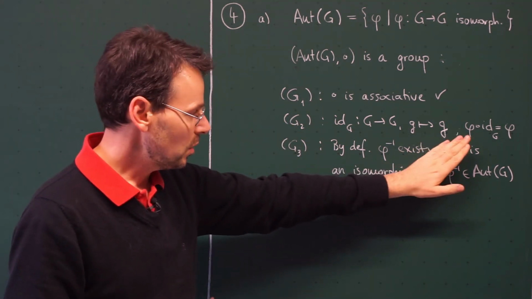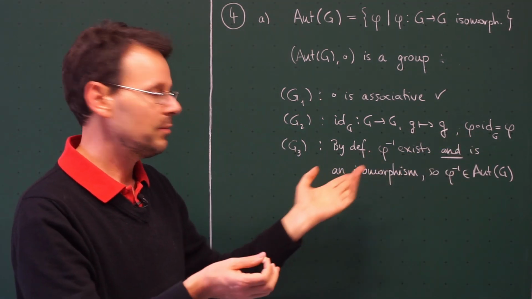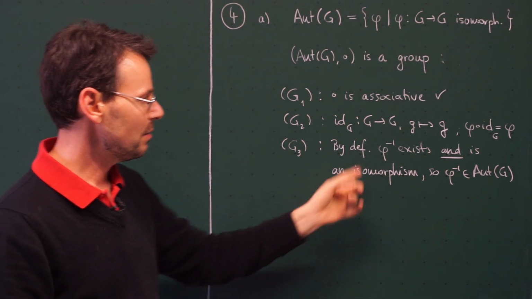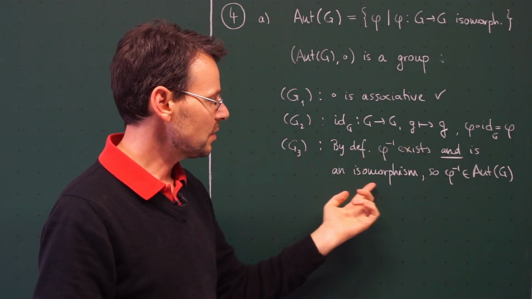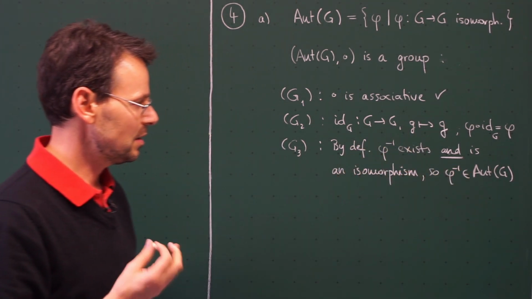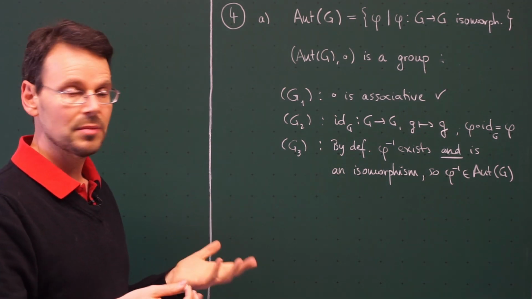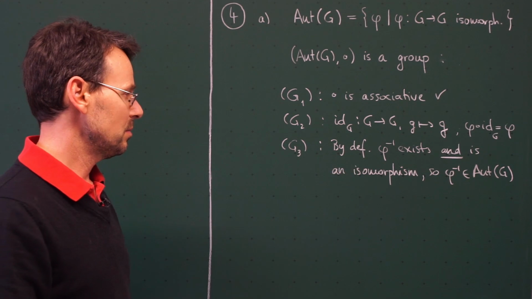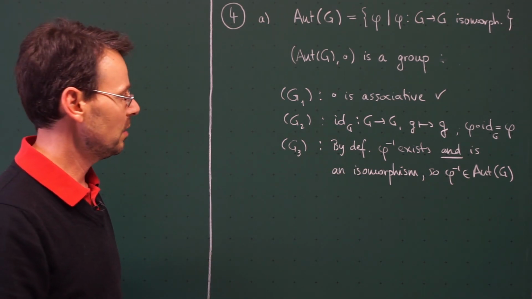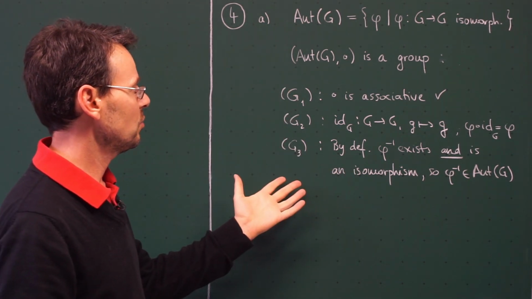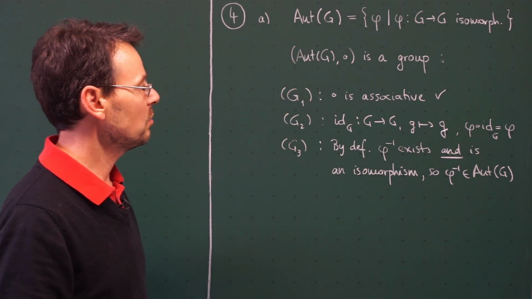It would not be complete to simply say, well, the inverse exists. You need to convince yourself that the inverse also is an element of this set. So the inverse must be an isomorphism, which it is. But you have to show that. And this taken together shows that this indeed is a group.